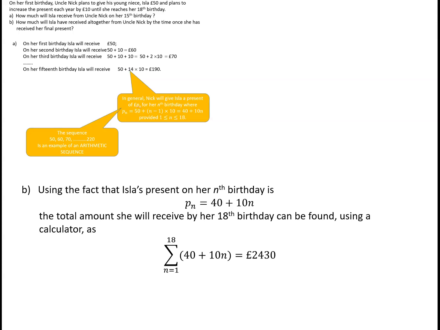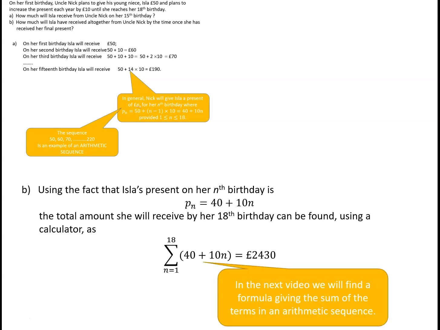So on our calculator, if we simply work out the sum between 1 and 18 of 40 plus 10n, we'll obtain the answer of £2,430. Now there is a much easier way of finding the sum of an arithmetic progression, and we'll discover that in the next video.